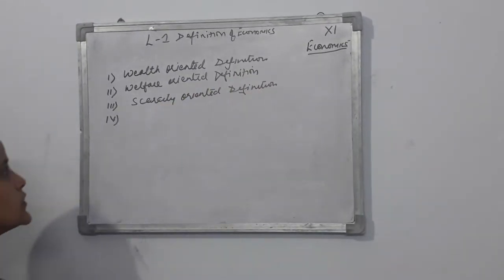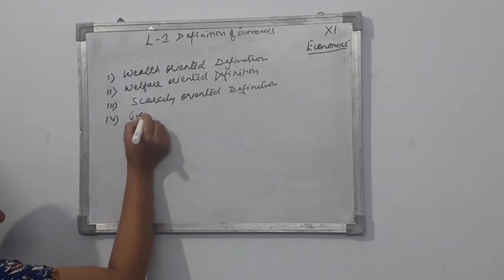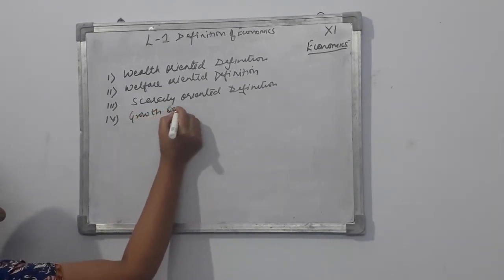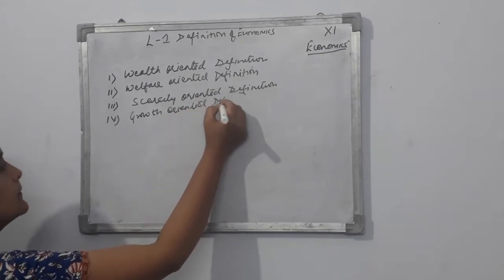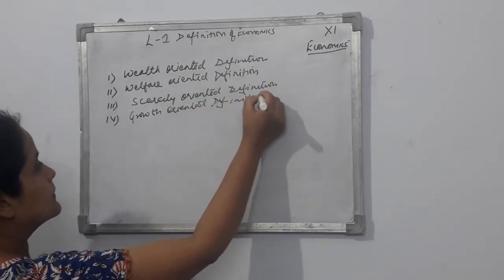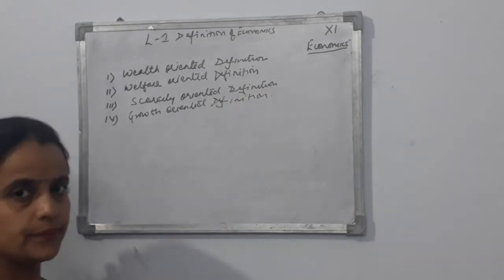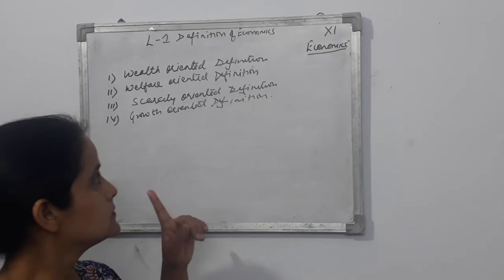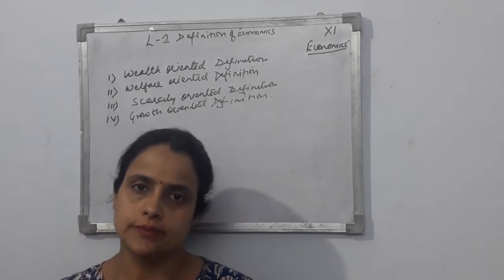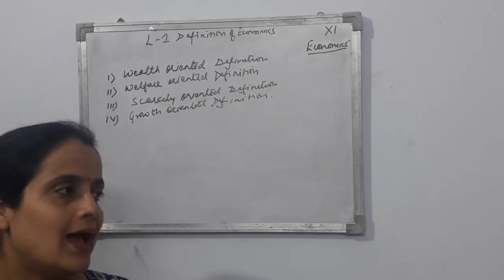And fourth is going to be a growth. So basically we are going to do these 4 types of definition, right?